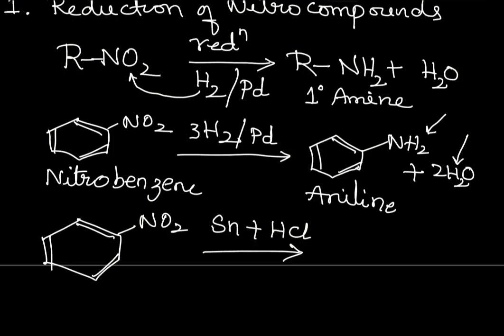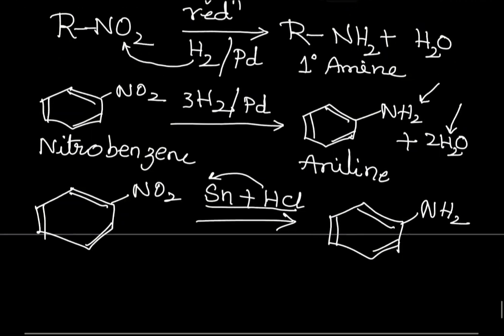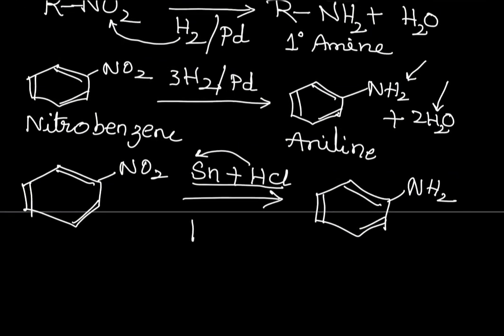That produces nascent hydrogen. This combination produces nascent hydrogen that converts nitrobenzene into aniline. Or you can use iron powder and hydrochloric acid, which you can also take.